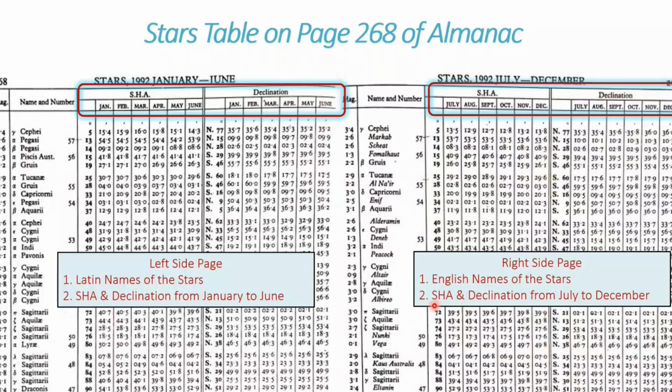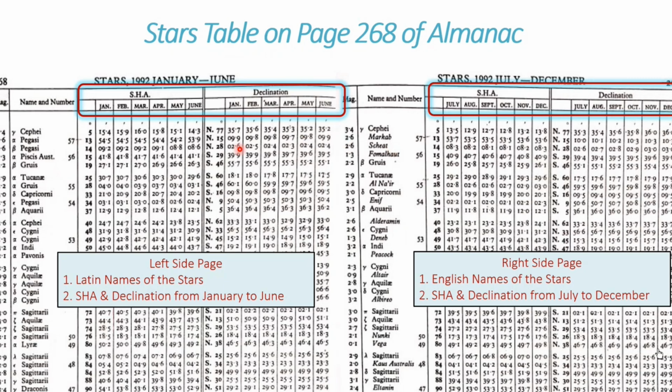And also, as we discussed just now, it gives us the SHA and declination of the star from the month of July to the month of December. So an important thing to remember is that whether you go to a particular star on the left hand side page or on the right hand side page, it is the same star. The only thing is that the names given on the left side page are Latin names and the names given on the right hand side page are English names.